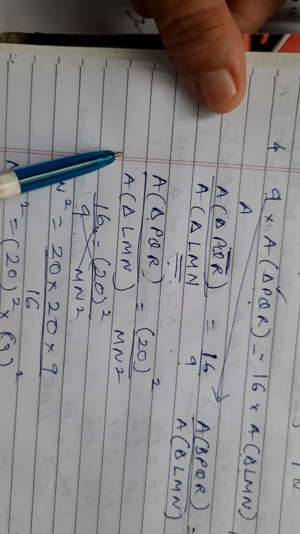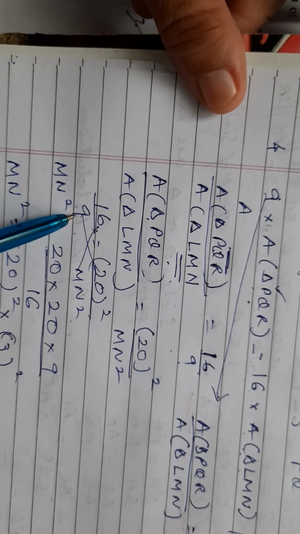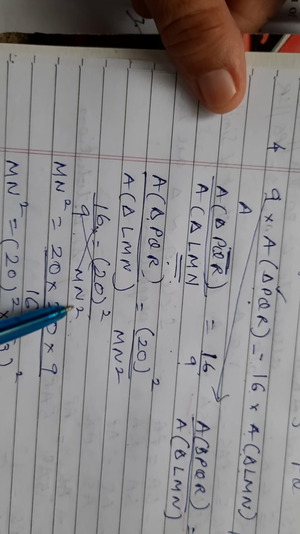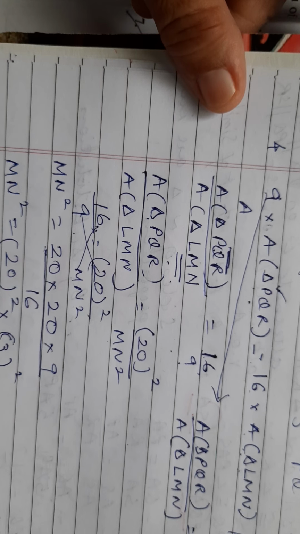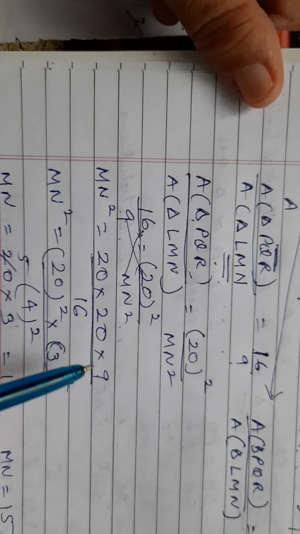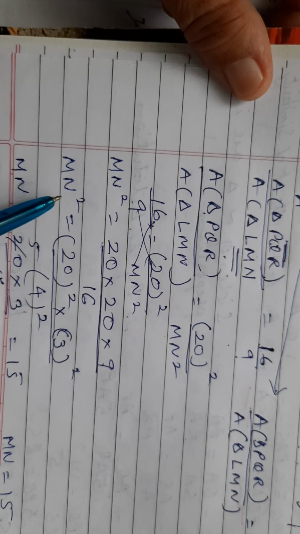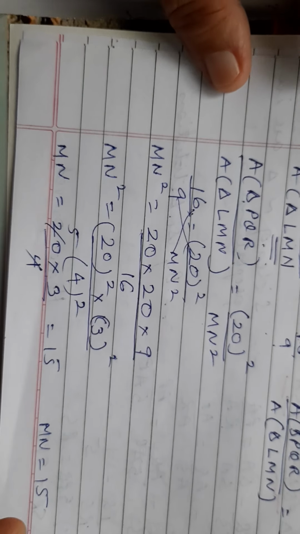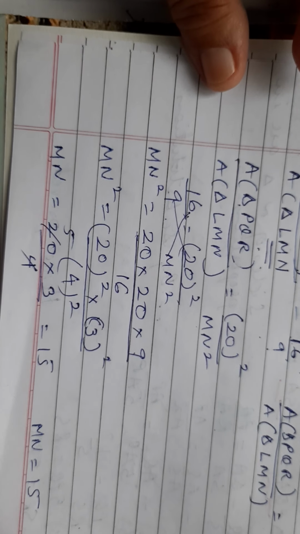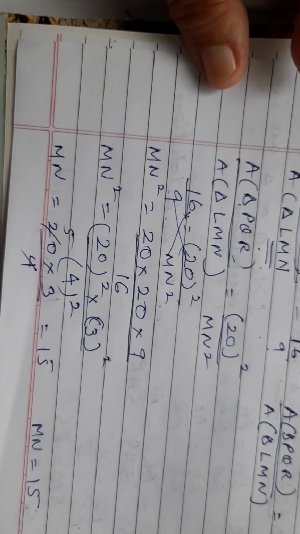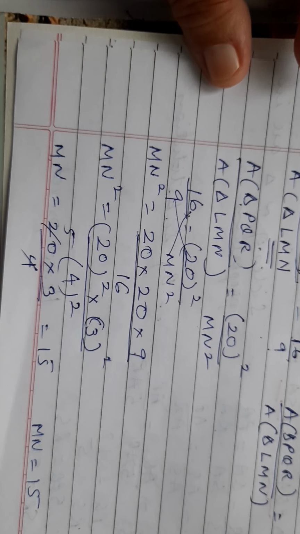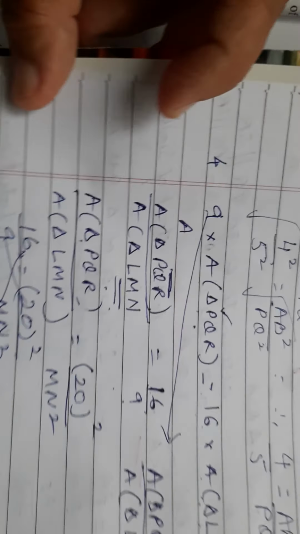So 16 upon 9 is equal to 20 square upon MN square, and we cross multiply. 9 is the square of 3, so I have written 3 square and 16 square. Then remove the square from everywhere. Since we knew they were perfect squares, there was no need to expand and then multiply. So we took a shorter form, squaring on both the sides and then removing the square root. So MN is equal to 15.